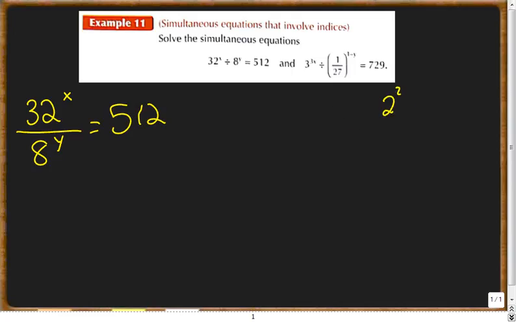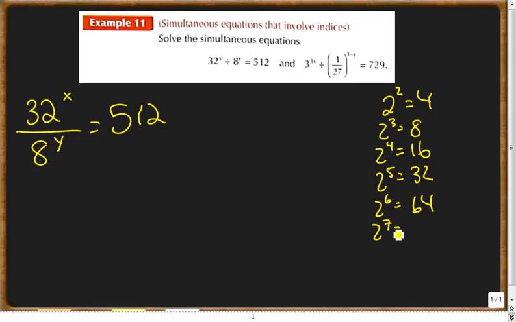If you look, 2 squared is 4, 2 to the third is 8, 2 to the fourth is 16, 2 to the fifth is 32, 2 to the sixth is 64, 2 to the seventh is 128, 2 to the eighth is 256, and 2 to the ninth is going to be 512.